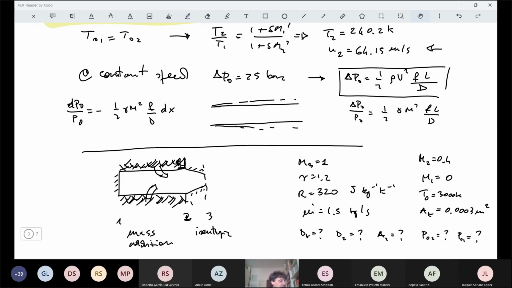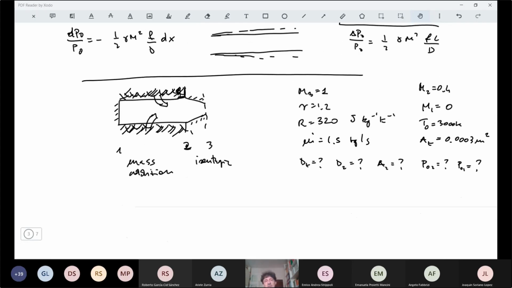So we can exploit the different relations. In particular, we will consider the case of mass addition with y equal to 0, because we assume that we have a flow in the normal direction here, and also we assume that T0i is equal to T0.